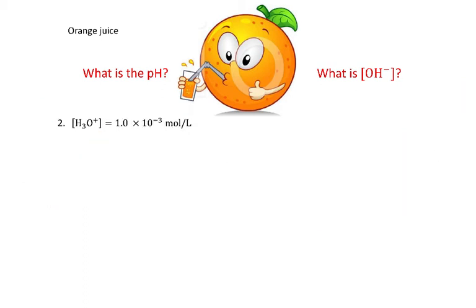Okay, number 2. What's the pH of orange juice if the H3O+ concentration is 1 times 10 to the negative 3? And what is the OH- concentration? So you can plug it into your calculator. Maybe you can just see it by now.